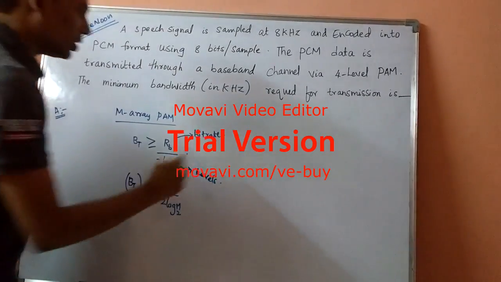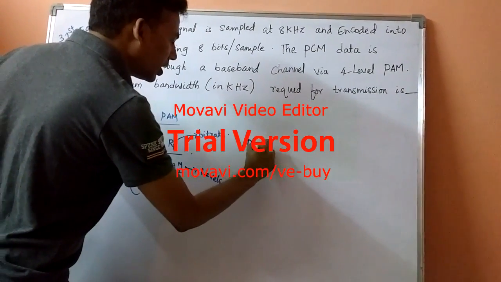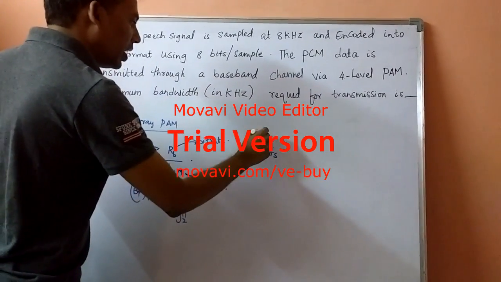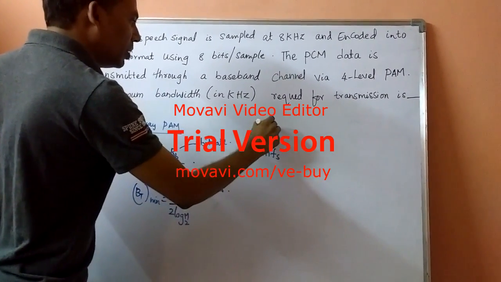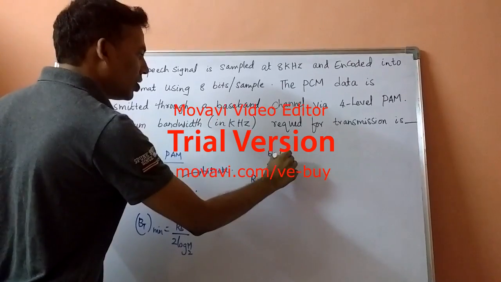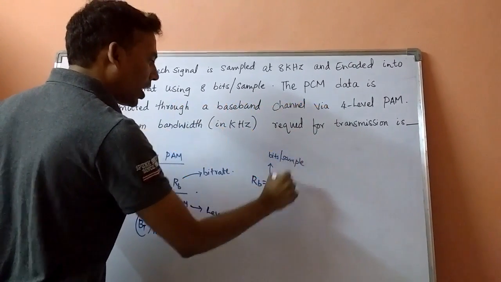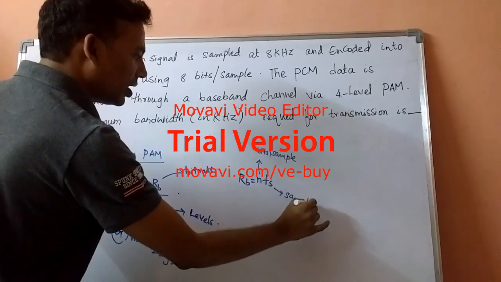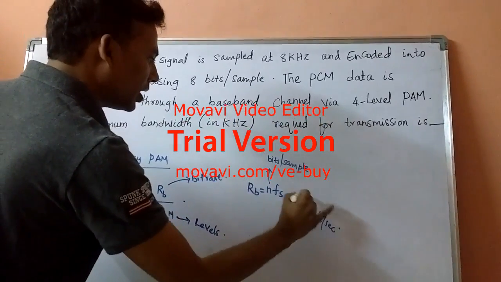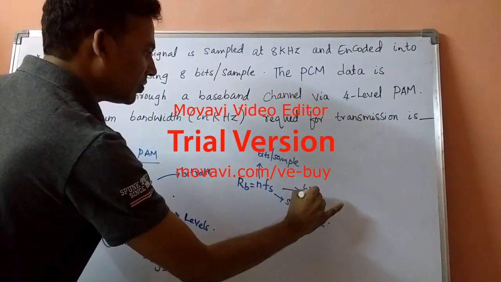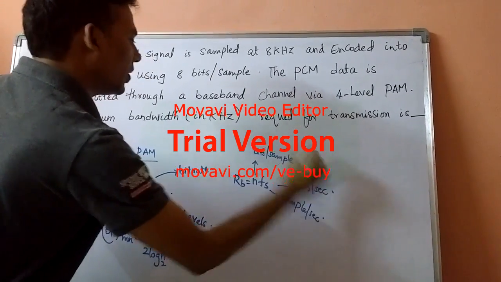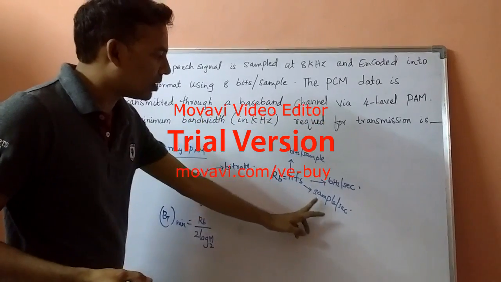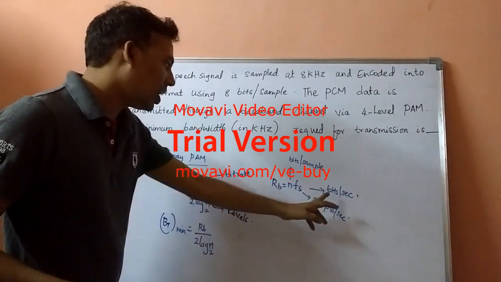Here RB equals N into Fs, where N is the number of bits per sample and Fs is the sampling rate, samples per second. So RB is in bits per second, that is the bit rate.